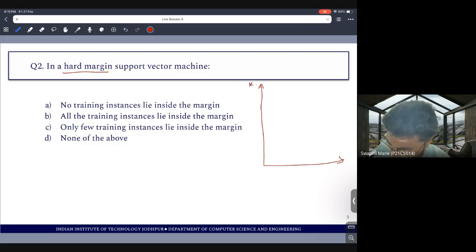So let's take this as the x2 feature, and this is our x1 feature. We have a lot of training records or objects, and those records have two attributes or features, the x1 feature and the x2 feature.